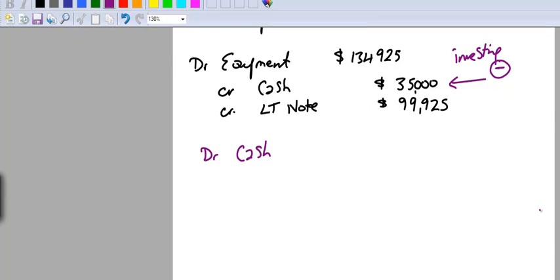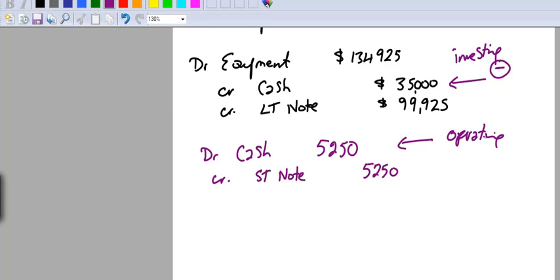And now, ladies and gentlemen, you'll see why that short-term notes payable is $5,250 on the balance sheet, that difference, and this is a short-term note. This validates that for myself, I put this as an operating activity. It's short-term, it's notes payable, it's a working capital account, and I put it in operating activities.